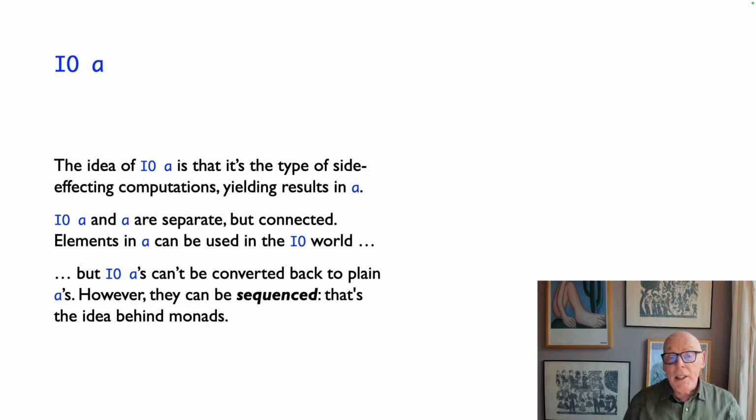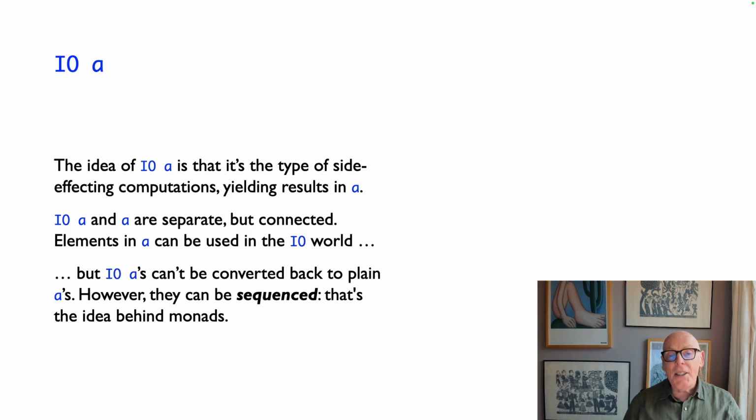So what is something of type IO A? IO is an instance of the monad type class. It's the instance that allows us to do IO from Haskell. And what it is, it's a type of computations, if you like, it's representations of IO programs.